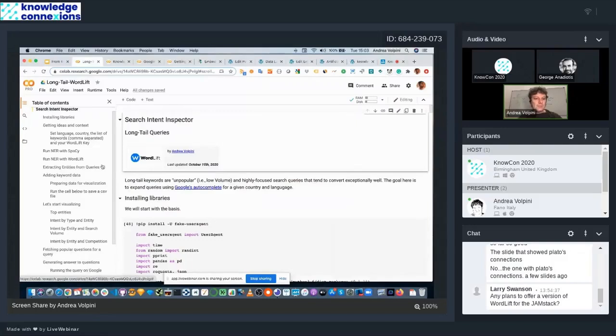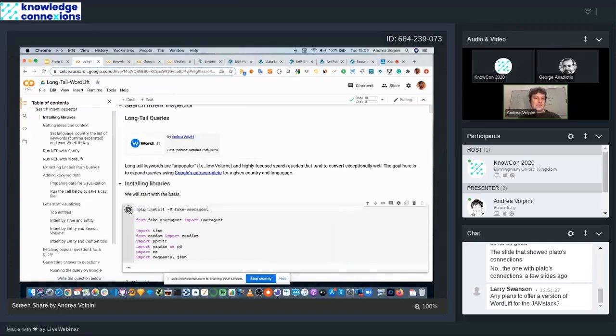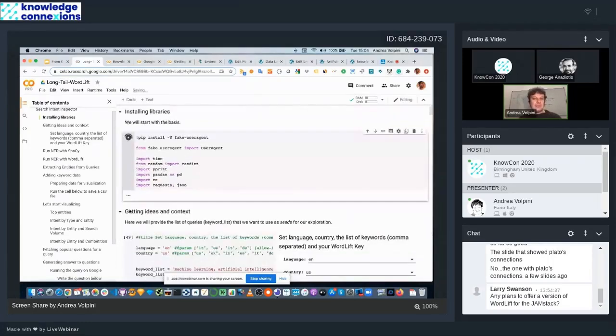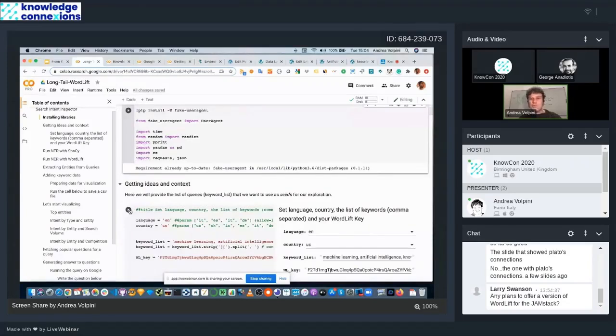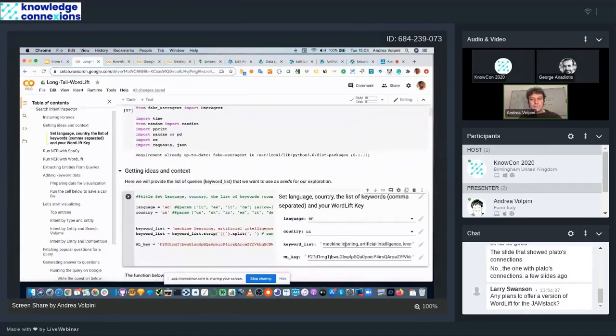So here we have what I call the inspector for the intent. It's the tool that we're building in order to seed the different areas of search demand that we want to create based on the content that George has written. Here we are choosing some of the ideas that we want to analyze in order to find things that we could write about with this new tool that we are about to build.